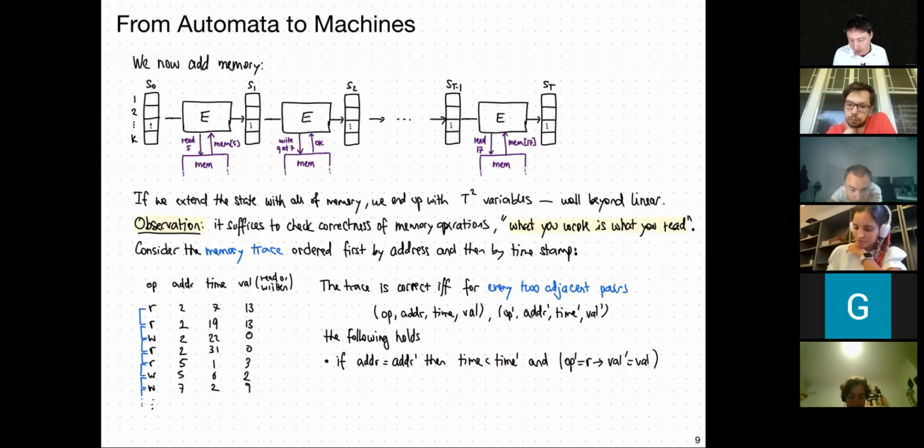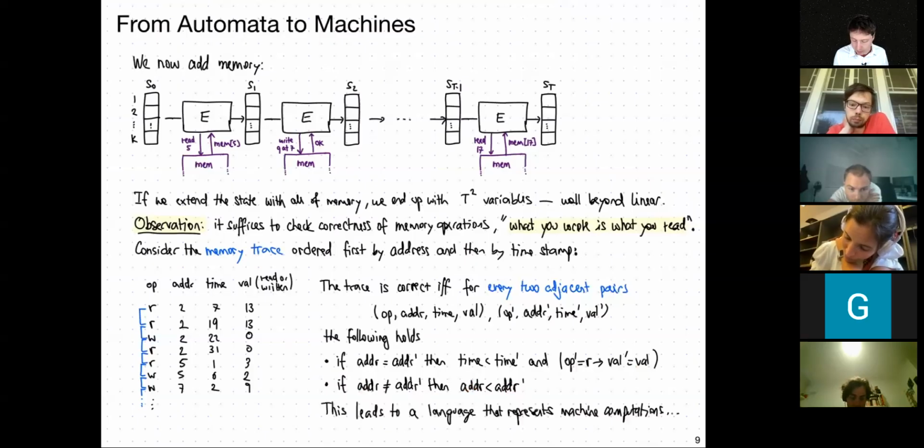And moreover, if you are reading, then you're reading the same value as the previous one. If the address is different, then you need to make sure the address goes up, okay? And that's it, really. It's a very simple thing, and you can just check them side by side.